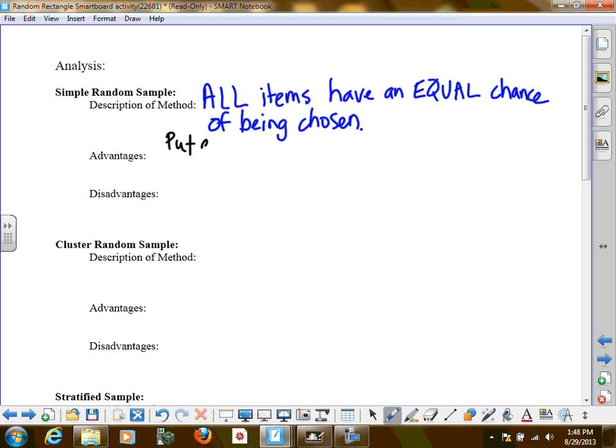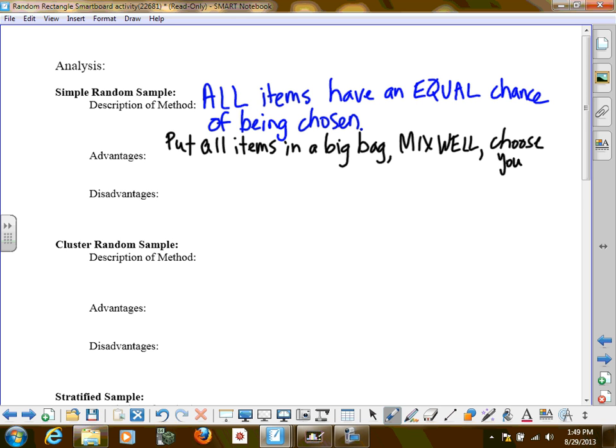Put all items in a big bag, mix well, and then choose your sample. Or maybe choose sounds like you're personally picking. Draw out your sample items.